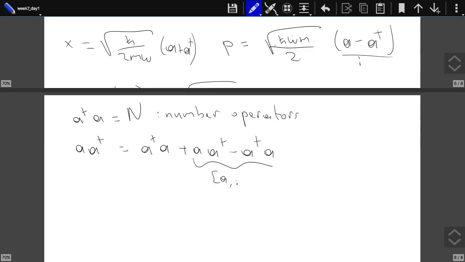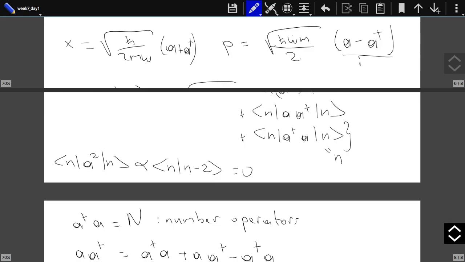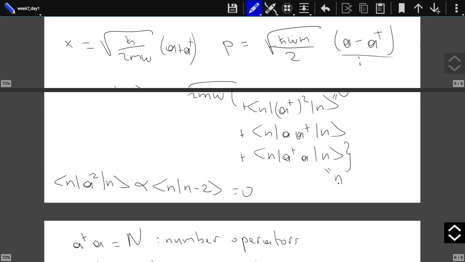But you see, this is the commutator of a and a†, which is 1. So a a† is nothing but the number plus 1 operator. So this matrix element is n, and the third line is nothing but n plus 1. Are you following?